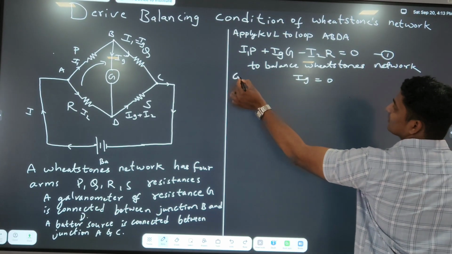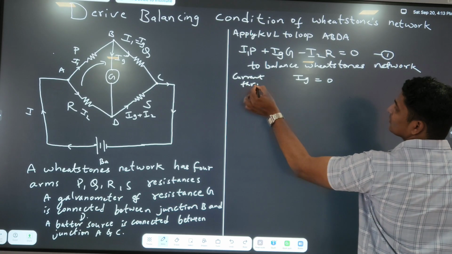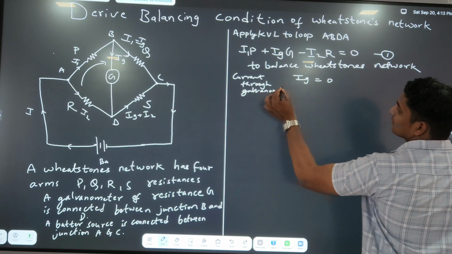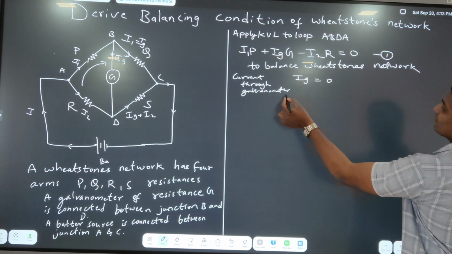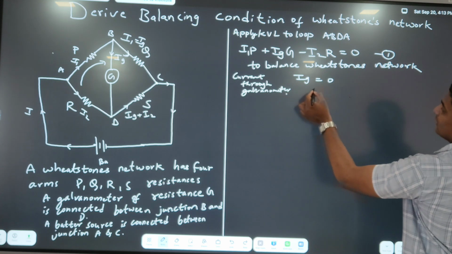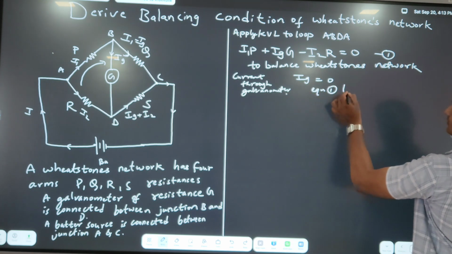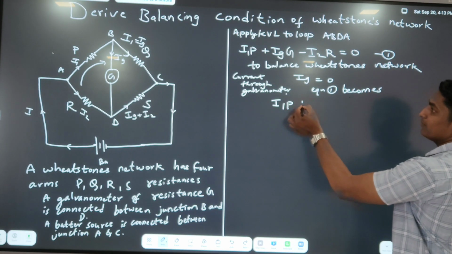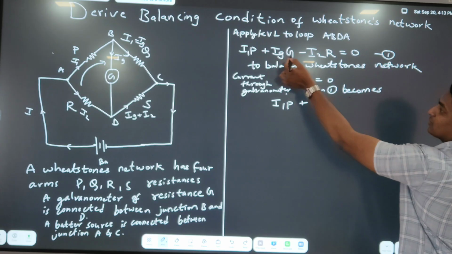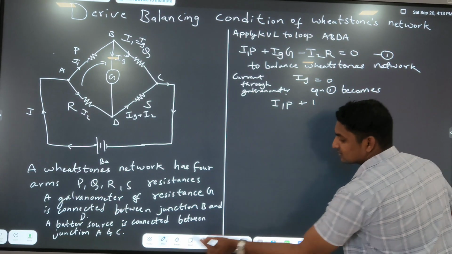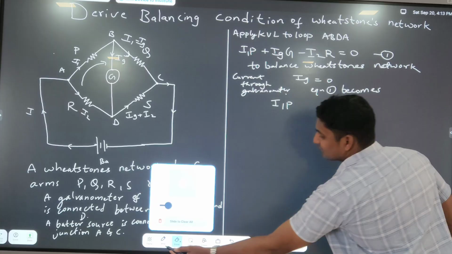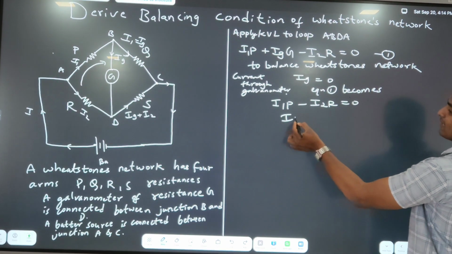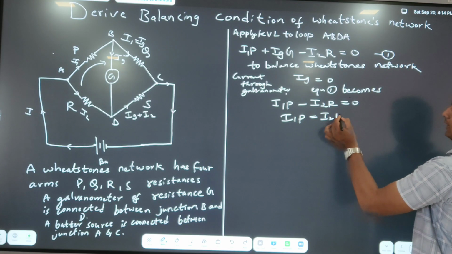So equation 1 will become I1 P plus IG G, which is 0, minus I2 R is equal to 0. So I can even write I1 P is equal to I2 R. This is equation 2.